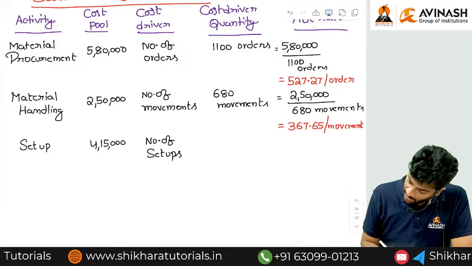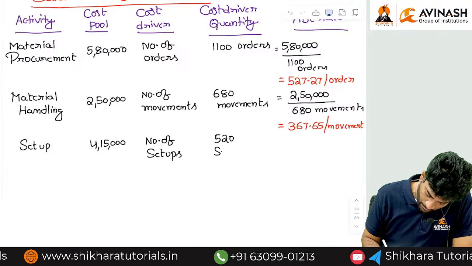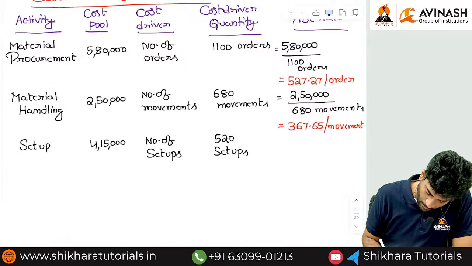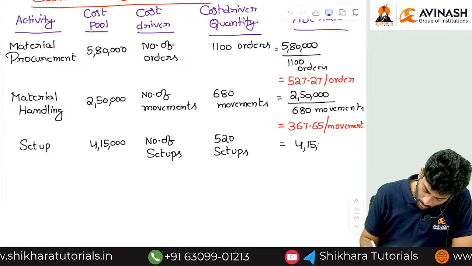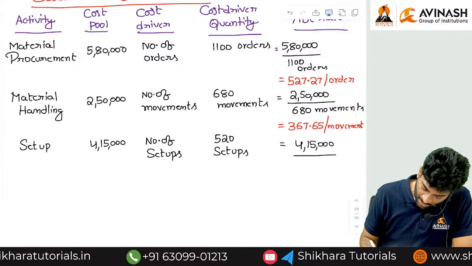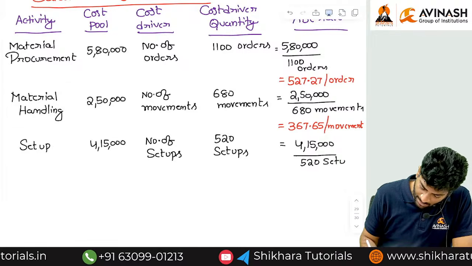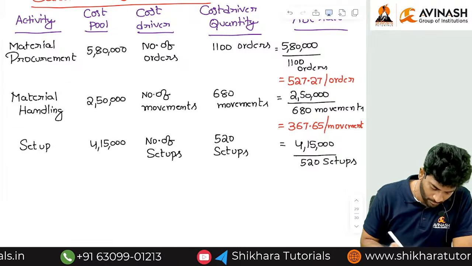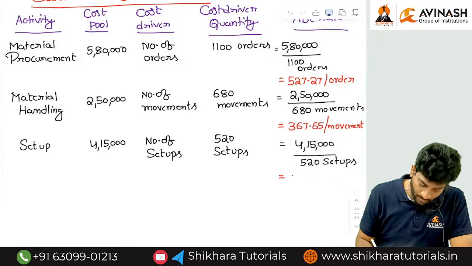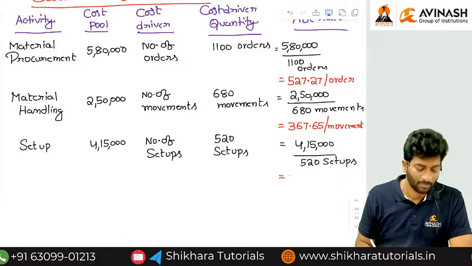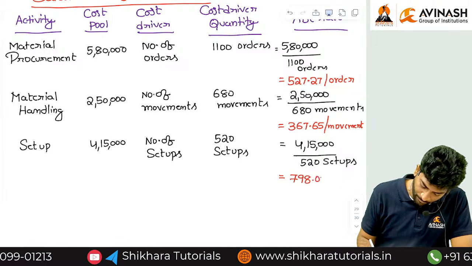Cost driver quantity equal to 4,50,000 divided by 20 equal to 7 point, per setup.